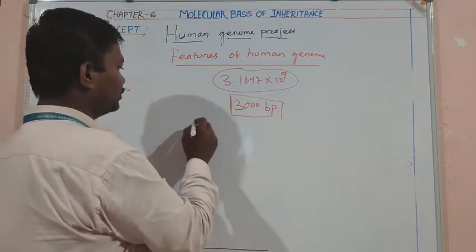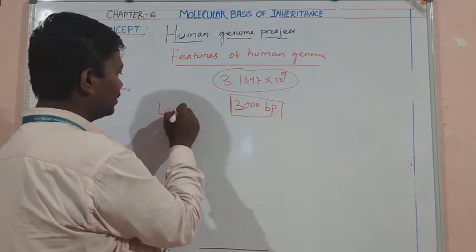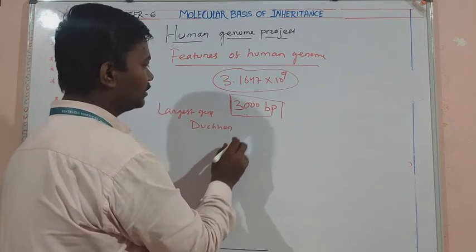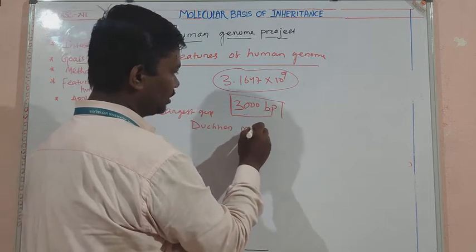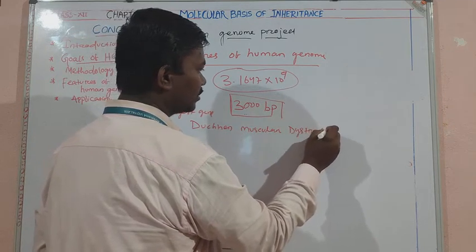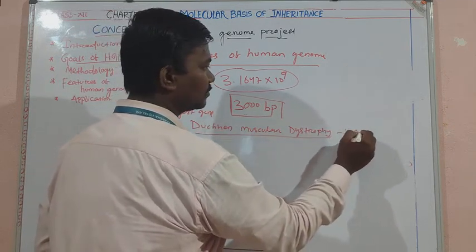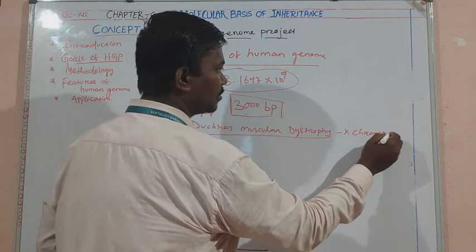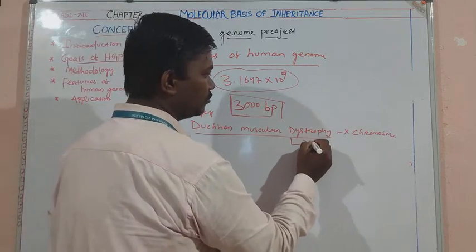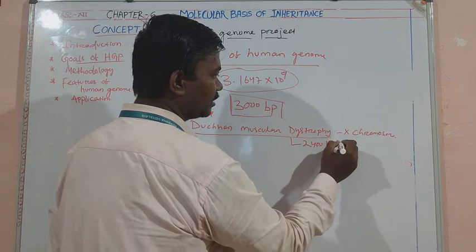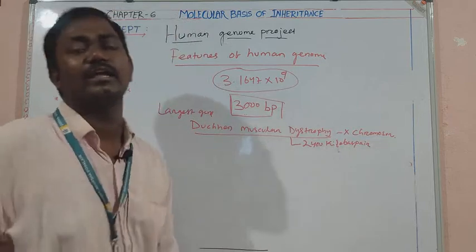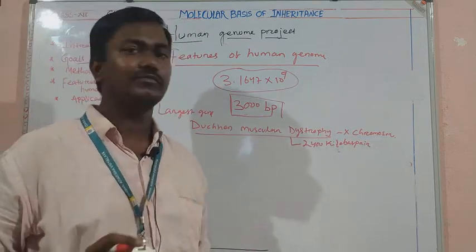The largest gene is Duchenne muscular dystrophy, present on the X chromosome, having 2400 kilobase pairs of nucleotides.